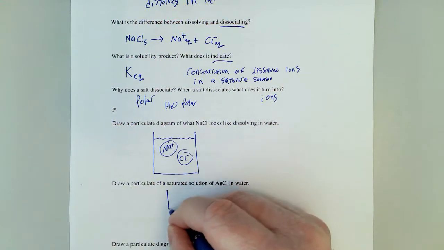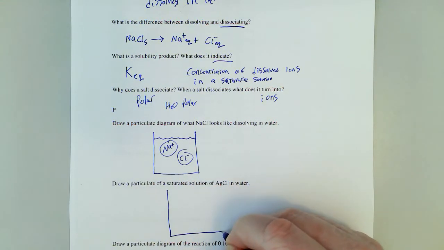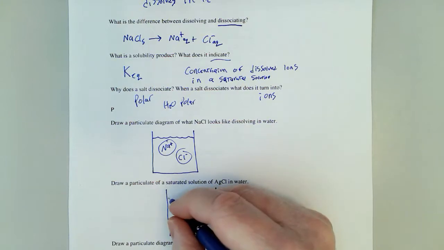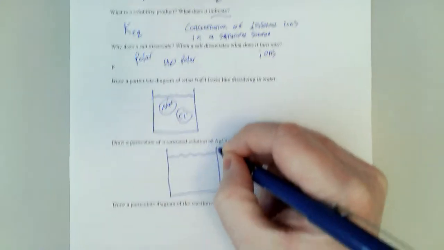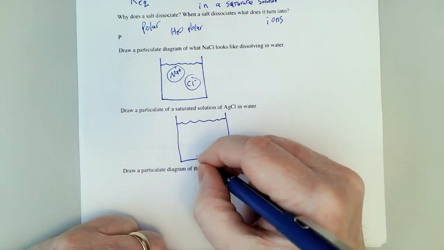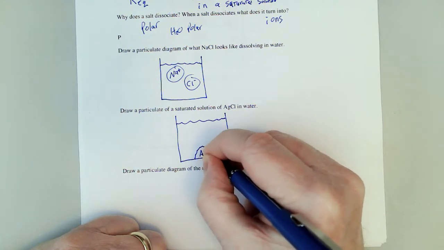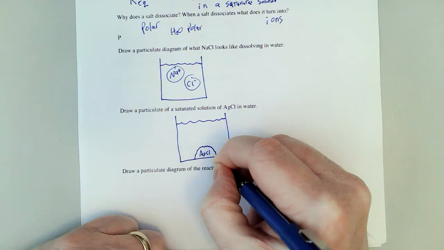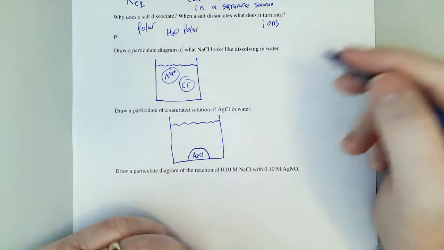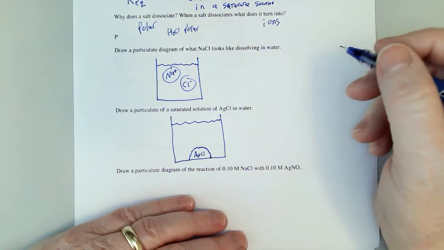Now, silver chloride is not. So what that means is I have my beaker of water, and then on the bottom of the beaker, I have a pile of solid AgCl. But wait, there's more. AgCl is not terribly soluble.